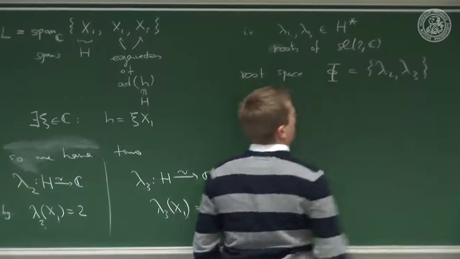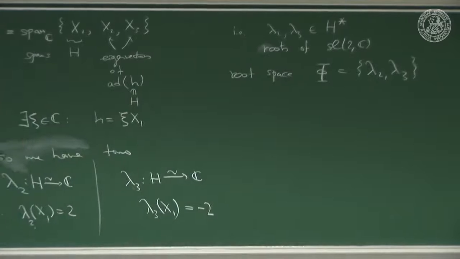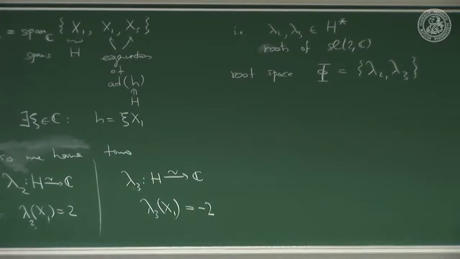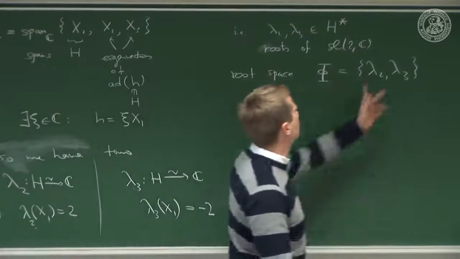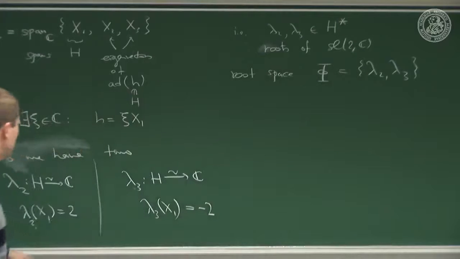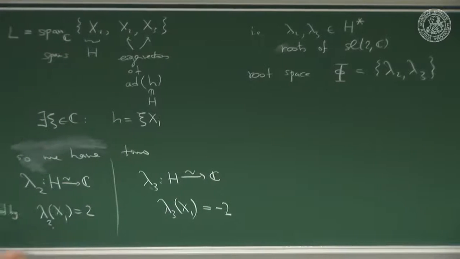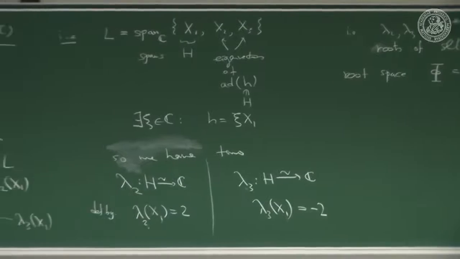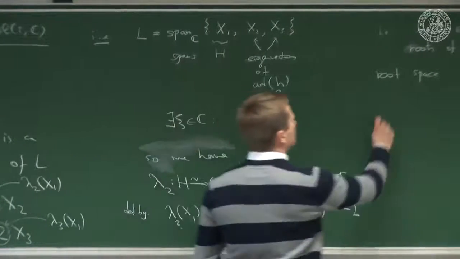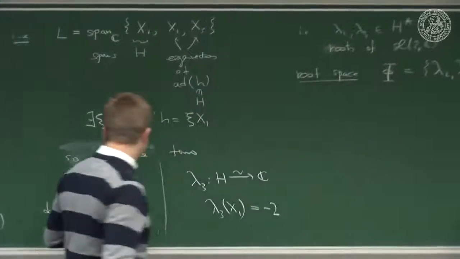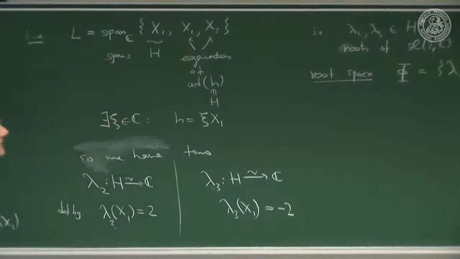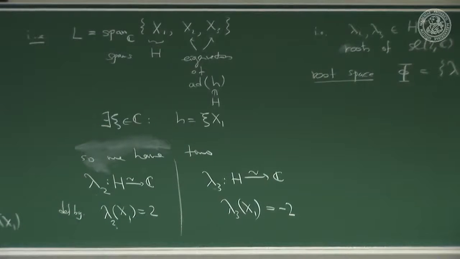And you see we had the abstract result that if you have a root, then minus that root is also a root, and that is the case here. Minus lambda 3 is lambda 2. That's the root space of SL2C, with these particular roots defined on a basis like this.